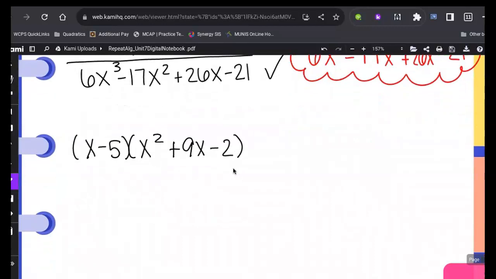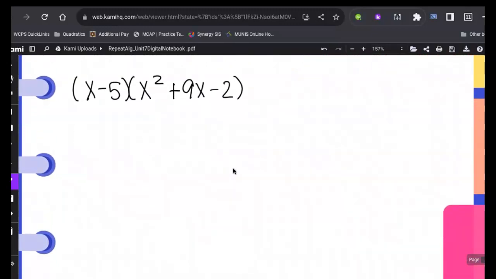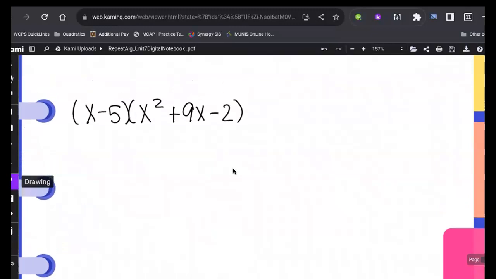So we have x minus 5 times x squared plus 9x minus 2. So go ahead and write this down on your paper. For this one, we're just going to use the distributive property because we get the same answer either way.